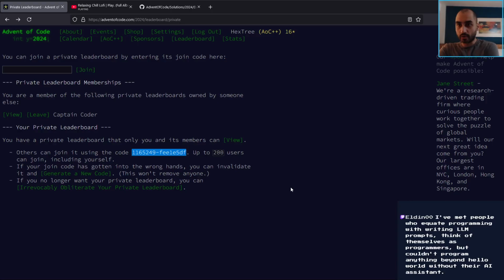I've met people who equate programming with writing LLM prompts, think of themselves as programmers, but couldn't program anything beyond hello world. Yeah, that's what I'm saying. So, it's obvious and common sense to coders, people who can code, that this is against the rules. But some people literally have only used AI to code and to develop scripts for them. In which case, to those people, that's all they know.